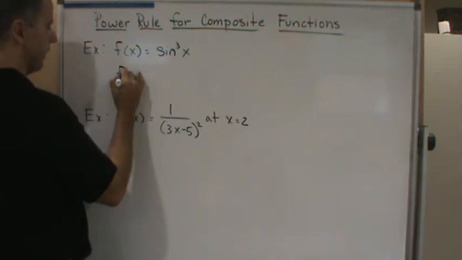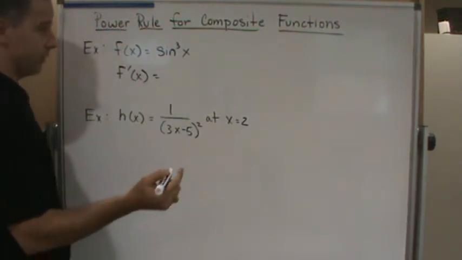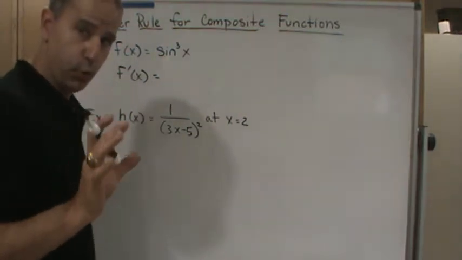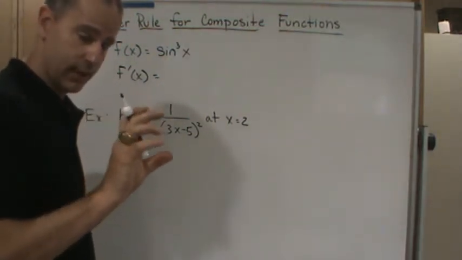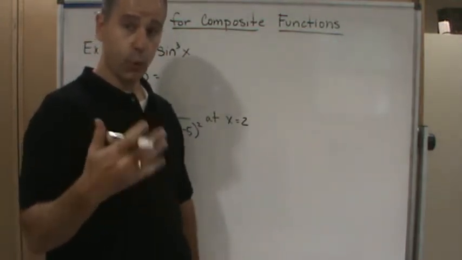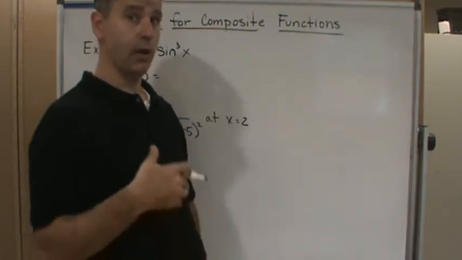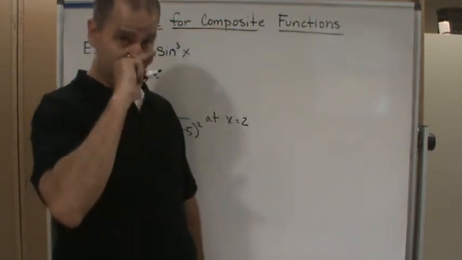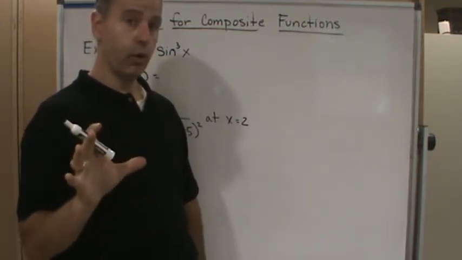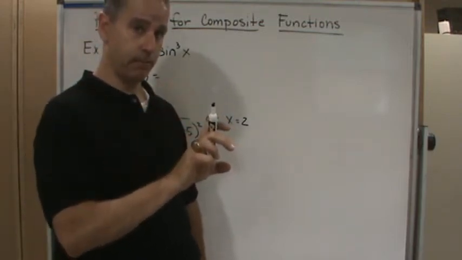So if we were going to take f prime of x, again we take the derivative of the outside function. Notice that we're moving from the outside function to the inside function. One thing I want to mention is that you could do this for composite functions of three or more functions that are composed. A couple of things to keep in mind: we are always moving from the outside function to the inside function.